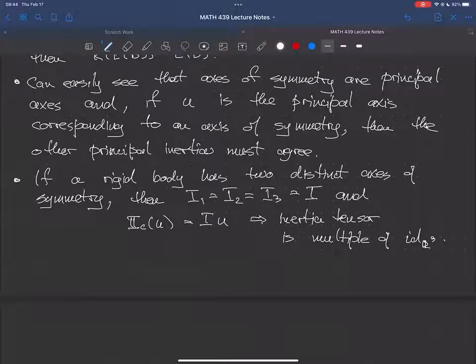So here's another simplification that you can make. It's not actually a statement about the inertia tensor, but the statement is of the following form, that in certain cases, without loss of generality, you can assume the inertia tensor looks like this. Okay, and so if a rigid body undergoes planar motion, and let me be clear about what planar motion means.